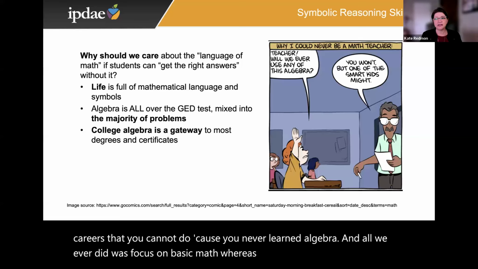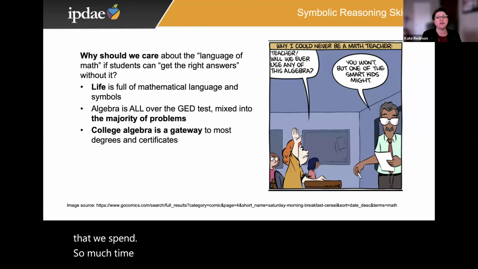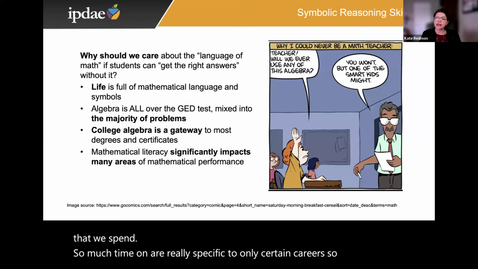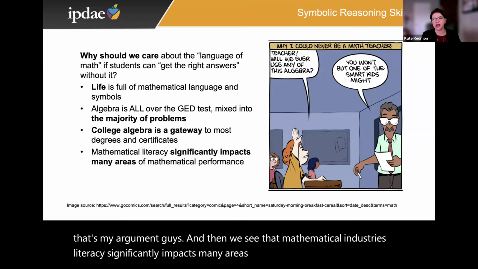Whereas some of the basic math skills that we spend so much time on are really specific to only certain careers. So that's my argument, guys. And then we see that mathematical literacy significantly impacts many areas of mathematical performance.